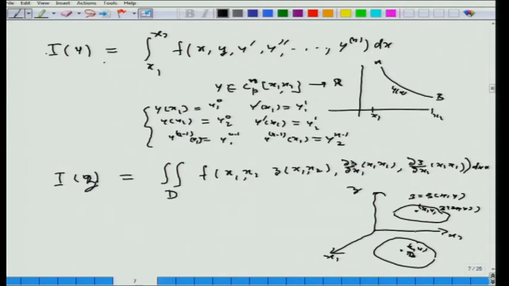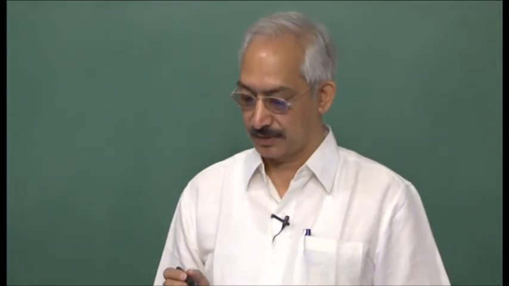So, at each point x y there is a point z of x y on the surface, and this integral I is a function of z. When we change this surface z, the value of I changes, and so we are asked to find a surface z such that this I is optimized.